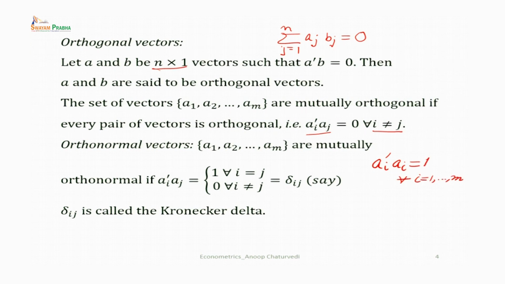So, in fact, the length of each vector is equal to 1. So, we write ai transpose aj equal to delta ij. Delta ij is called the Kronecker delta. So, delta ij is equal to 1 if i is equal to j, and it is equal to 0 if i is not equal to j.